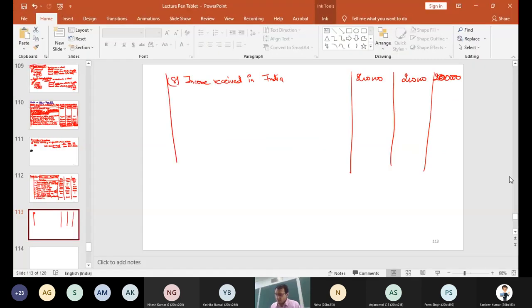Next point. Interest on bank deposits in India. Fixed deposits in India. Please raise your hand if you know the answer. Nitesh, can you explain?